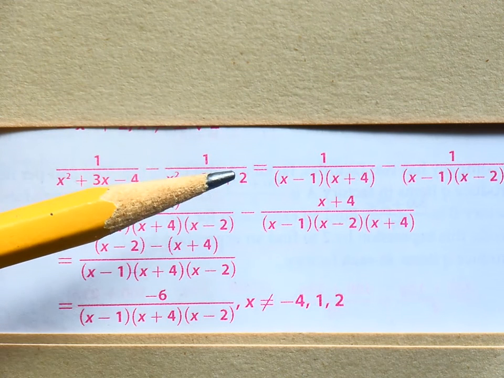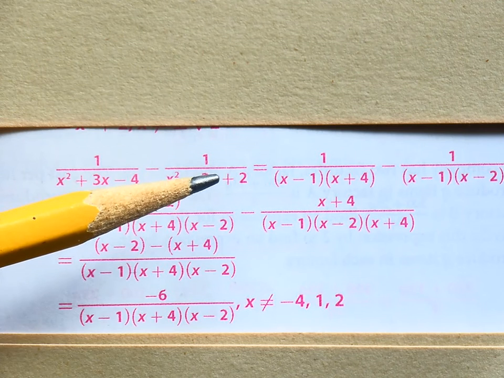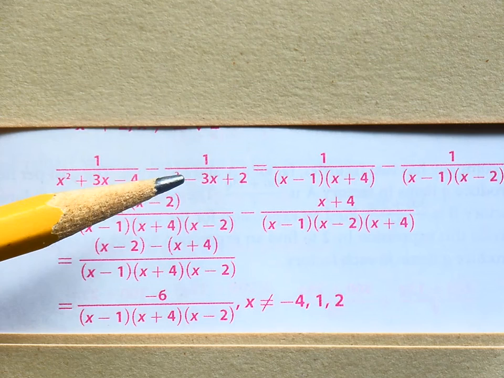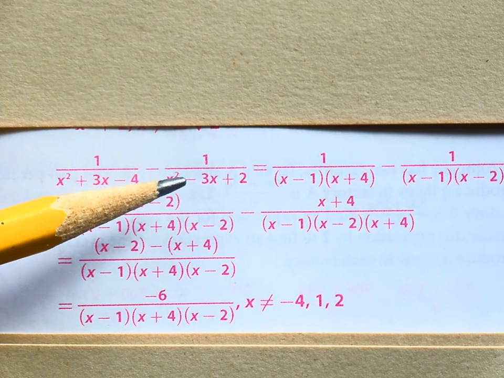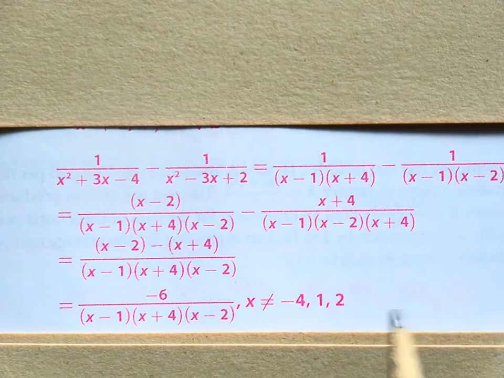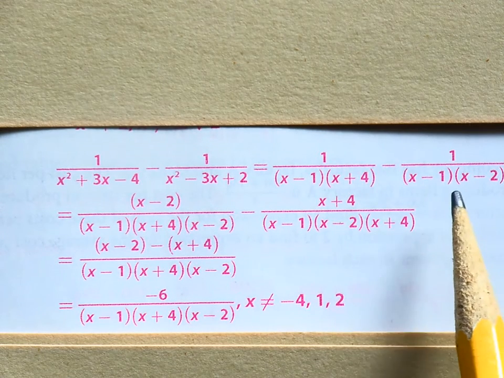Over here I need factors of 2 that add, so both sides are going to be the same, to equal 3, and technically -3, and they're both going to be negative. So I have factors of 2 are 2 and 1, both negative. If I do my inners, I'd get -1x.